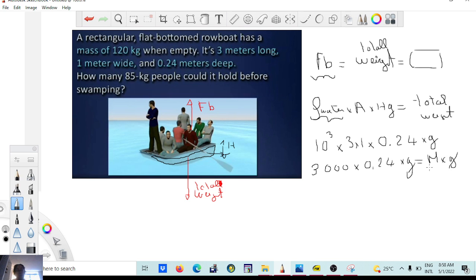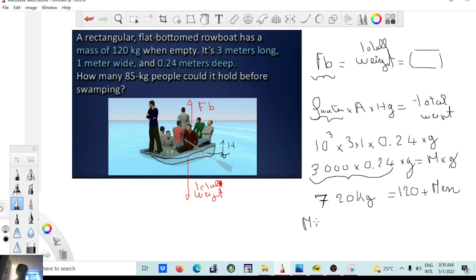So I'm going to find things in kilograms, right? That's going to be 720 kilograms. That's the worst case, okay? You don't want that to happen. That 120 kilograms is the mass of the boat plus the mass of the men.